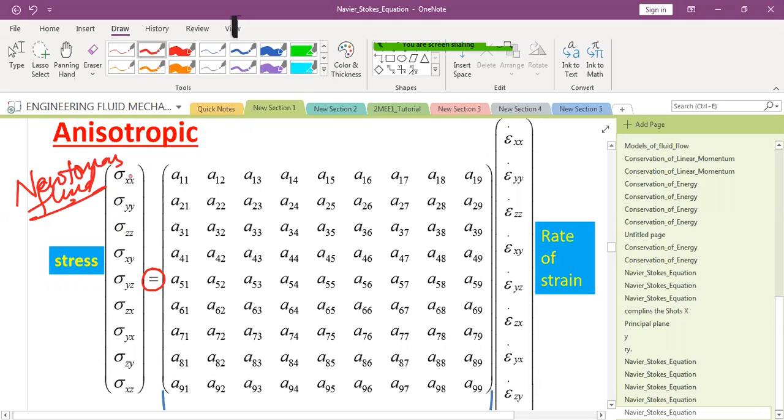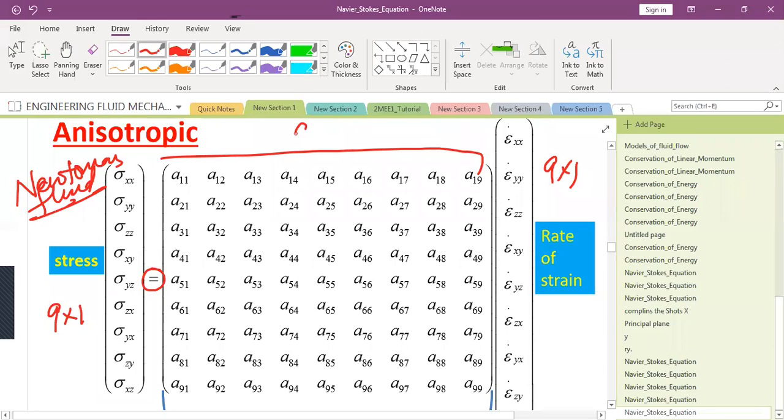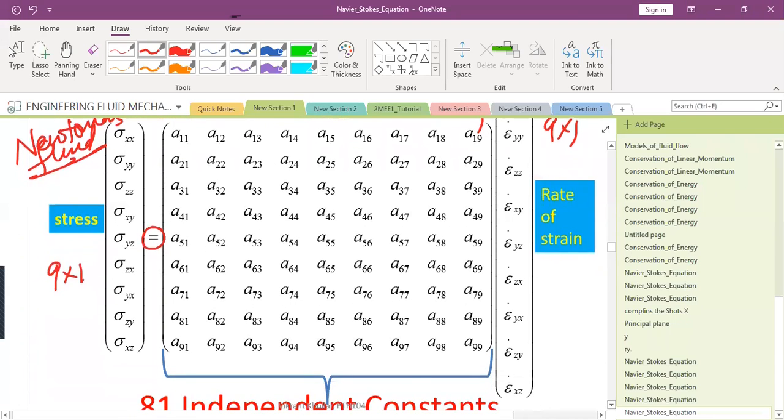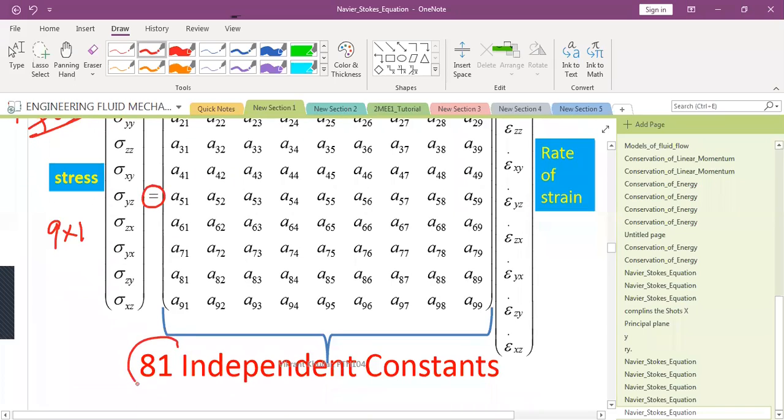You know how many terms are there? 9 into 1. Here also 9 into 1. So this coefficient matrix should be 9 into 9. So you have 81 independent constants that you require to specify stress in terms of strain rates in case of anisotropic Newtonian fluid.